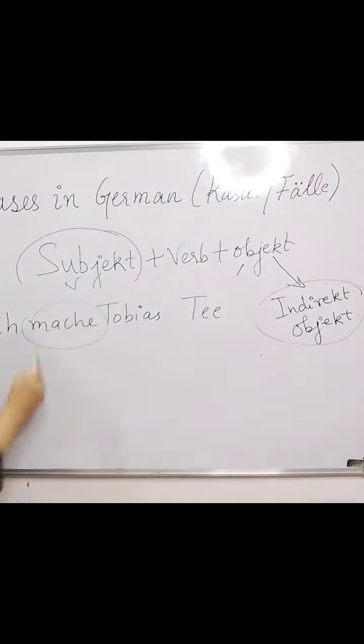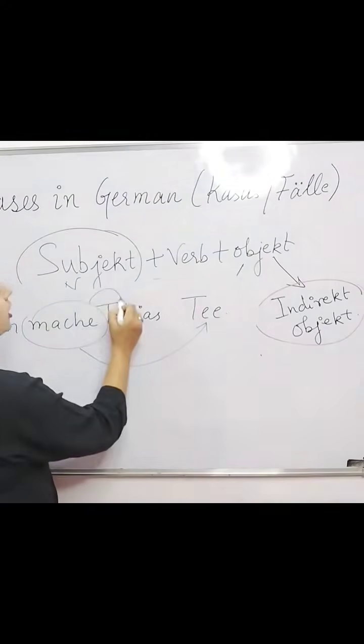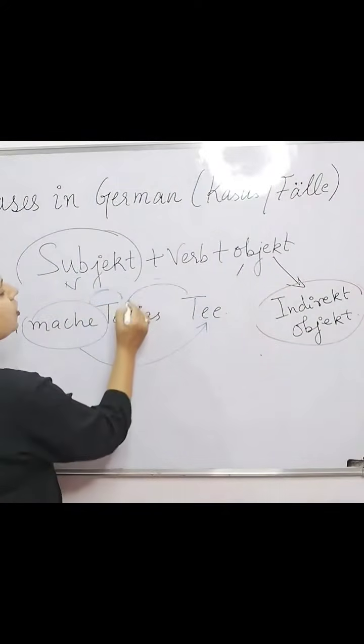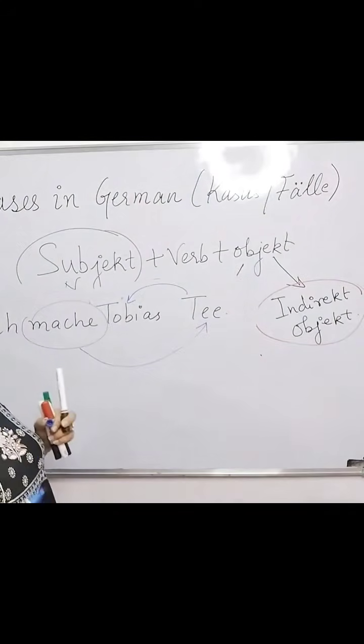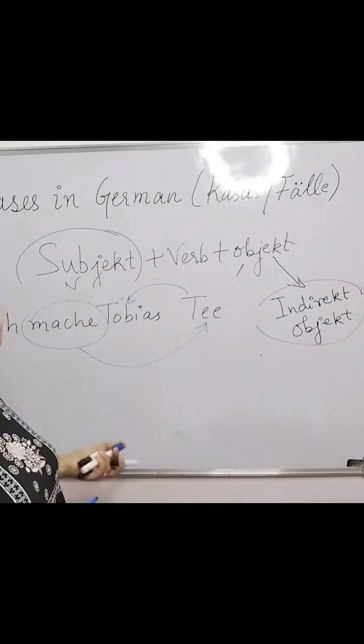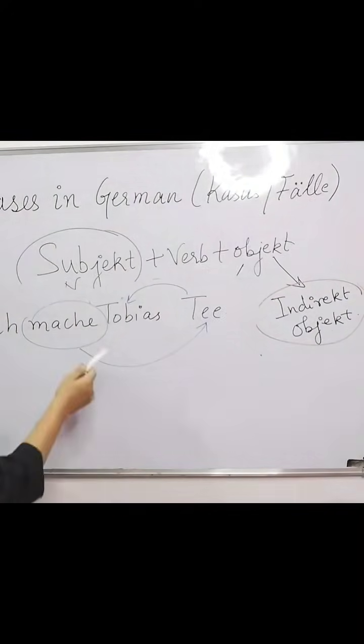I make tea. For whom? For Tobias. So I have done this action for Tobias. So Tobias ist mein Dativ. Ich mache Tobias Tee.